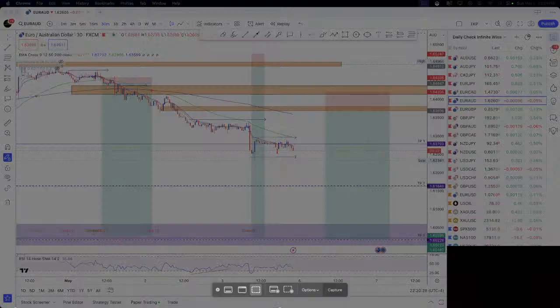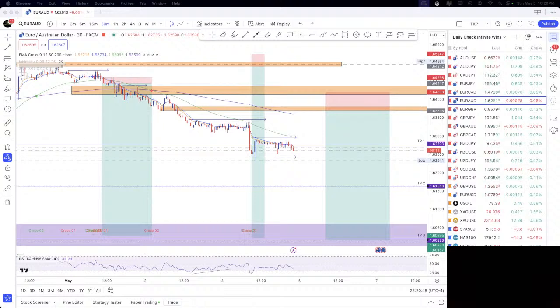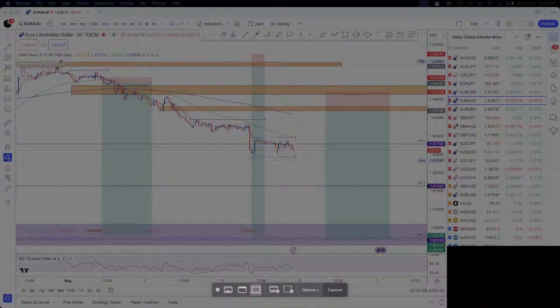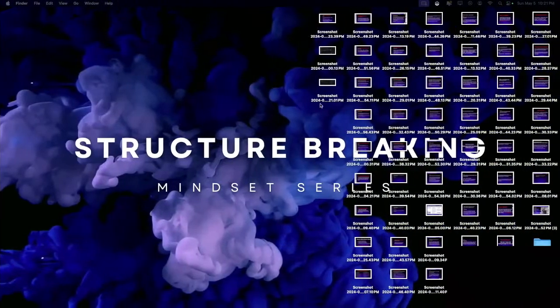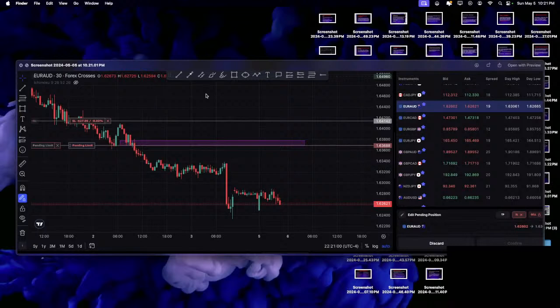Okay, so go to Euro AUD. So you find Euro AUD on the right hand side.